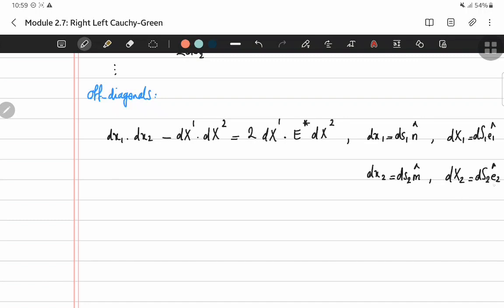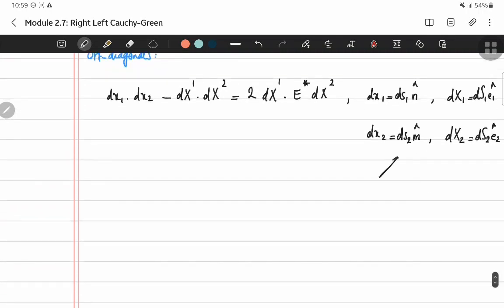Remember that in the reference configuration, E1 and E2 are perpendicular, but in the current configuration they are not necessarily perpendicular. If this is n and this is m, there is an angle between them.